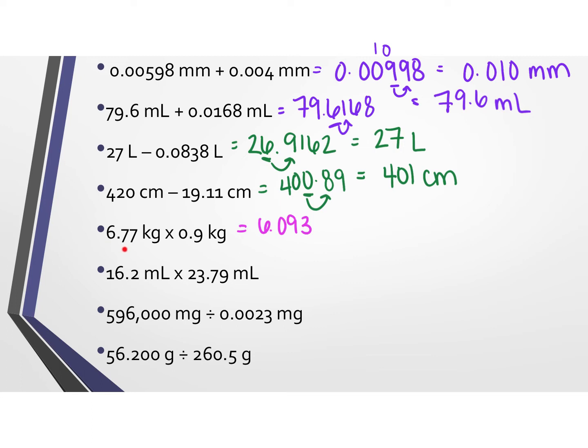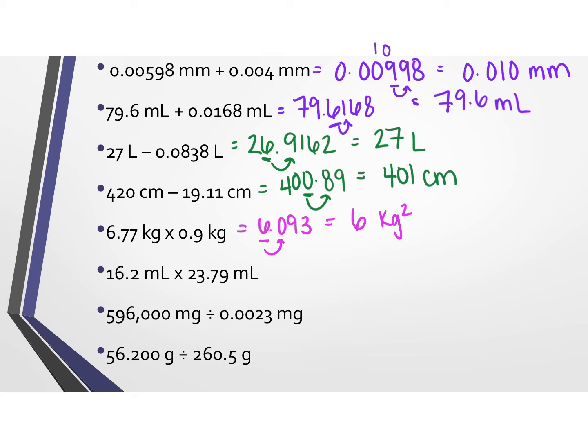How many sig figs are in 6.77? 3, and how about 0.9? Okay, 1. So how many can your answer have? Okay, just 1. So that's our first sig fig, but you always got to check that second number. So how are we going to round it? Okay, so just 6. For units, what's a kilogram times a kilogram? Kilogram squared.